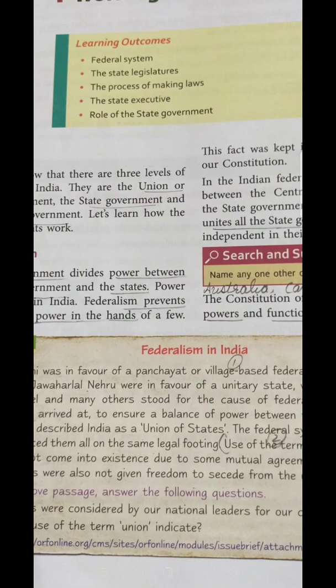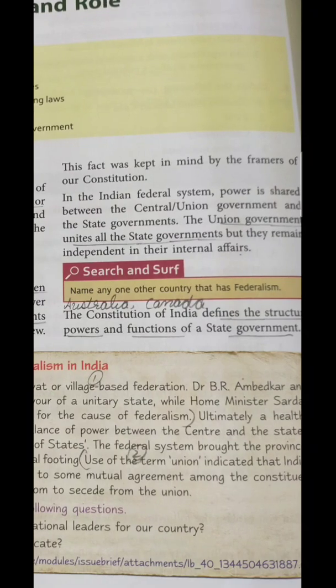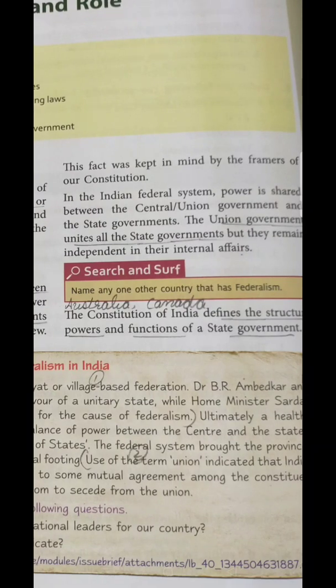So moving further, you came to know that in the Constitution as well different types of government are acceptable. The union government unites all the state governments, but they remain independent in their internal affairs. So okay, name any other country that is using federalism. Australia is there.